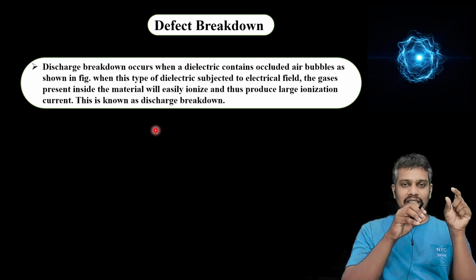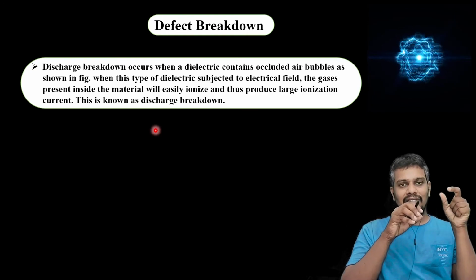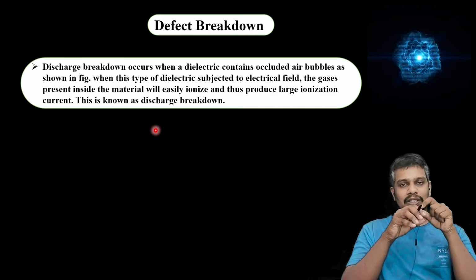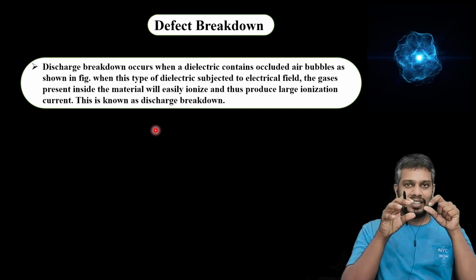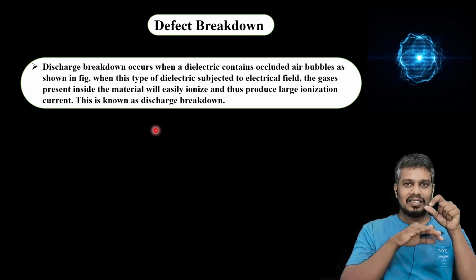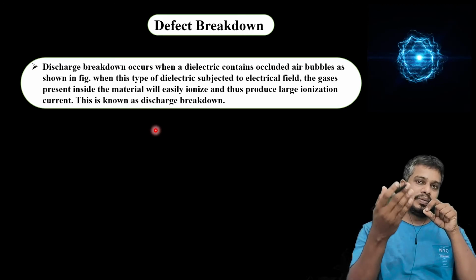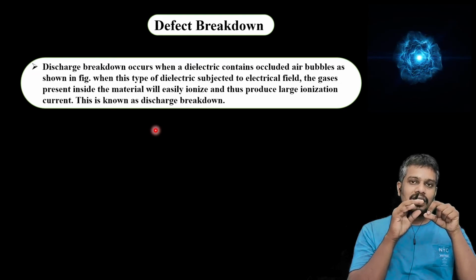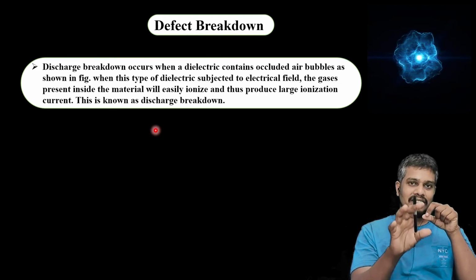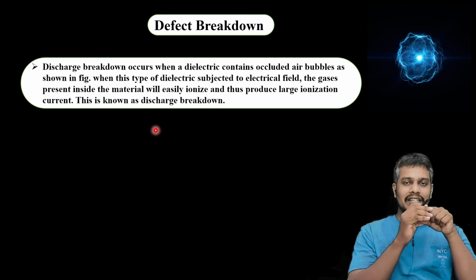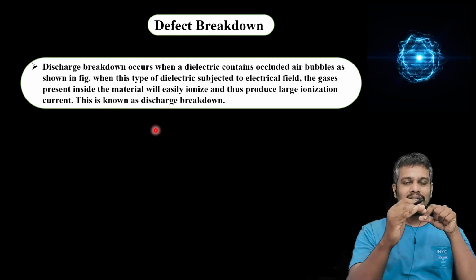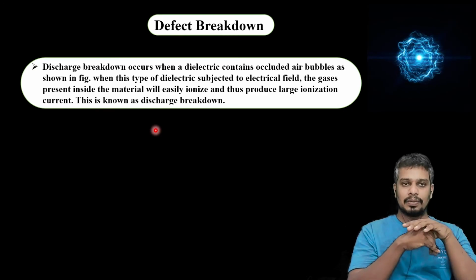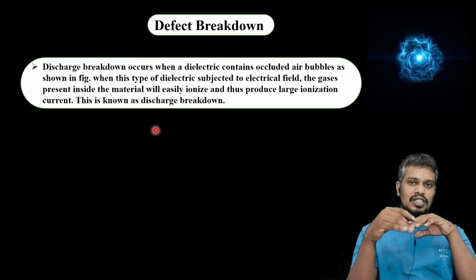But if the external electric field goes beyond some critical value, then the valence electrons will become conduction electrons. Then the breakdown mechanism will occur. There is no insulator; the dielectric will act as a conductor. This mechanism happens in all types of breakdown, even defect breakdown and discharge breakdown.